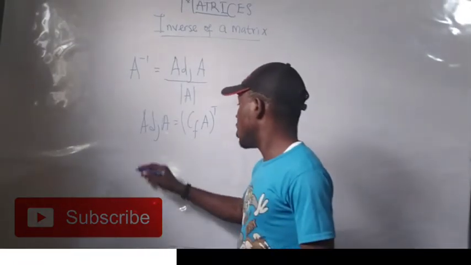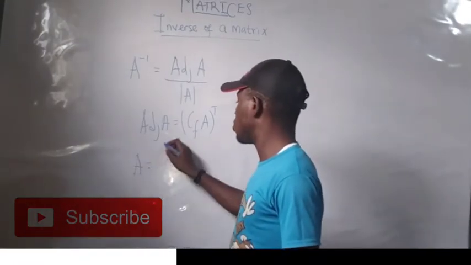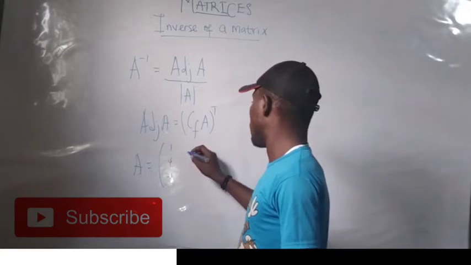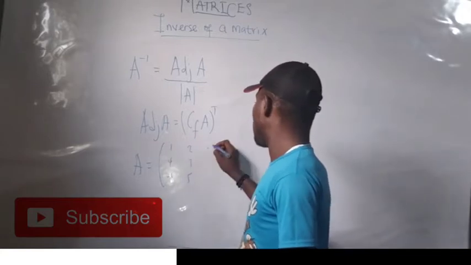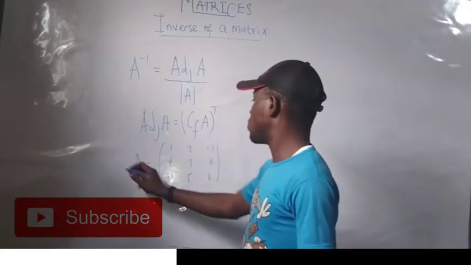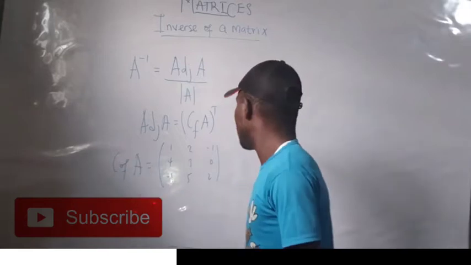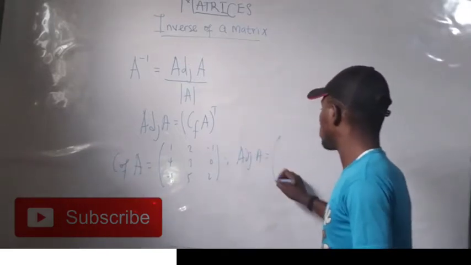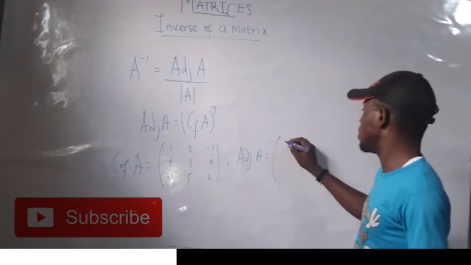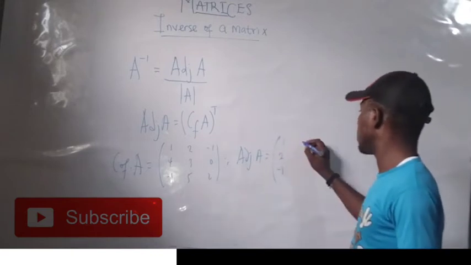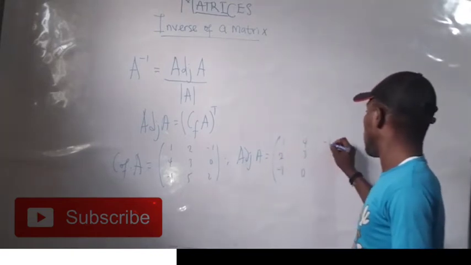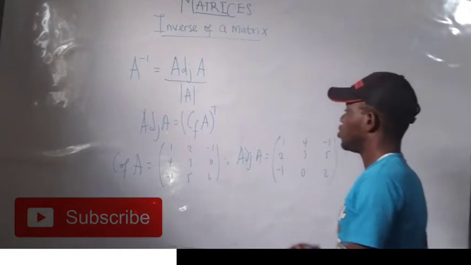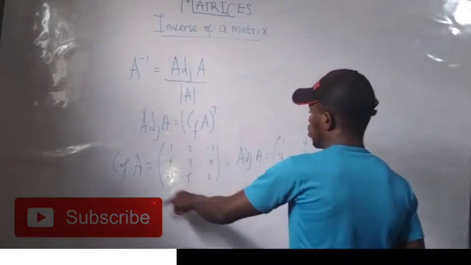For instance, if you have your matrix A to be minus 1, 4, minus 2, or rather 1, 2, minus 1, 4, 3, 0, and so on, if this was your cofactor of A, then the adjoint of this matrix A would simply be, you transpose it: 1, 2, minus 1, 4, 3, and 0, minus 1, 5, and 2. You turn the row to the column, row to column, row to column.